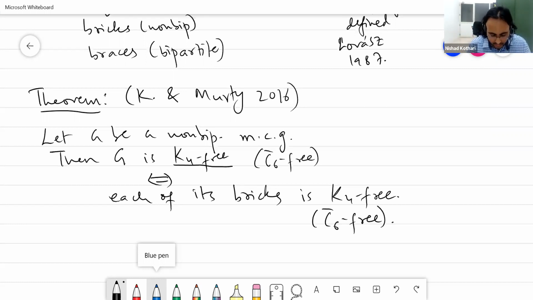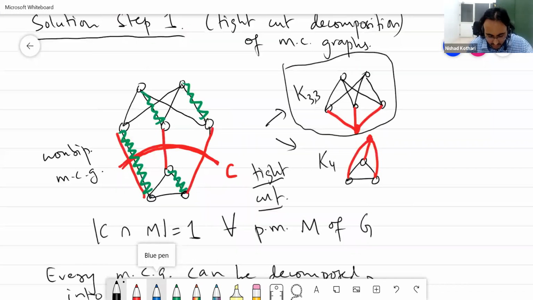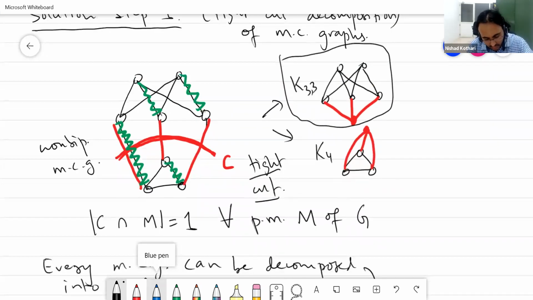So since we only care about K4 and prism, I will just tell you about K4 and prism. To give you an example of this theorem, on the graph that we just saw, this is your graph G. In this case, the brick is K4. We have only one brick because the tight cut decomposition stops in just one step. And K33 is a brace. It is a bipartite matching covered graph, which has no tight cuts.